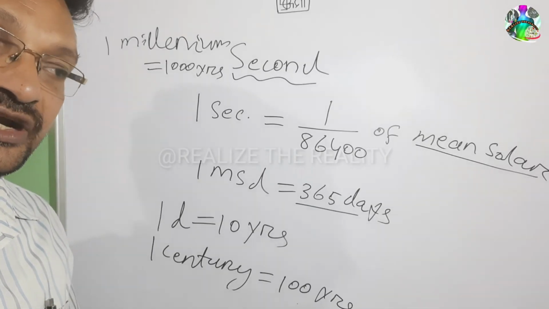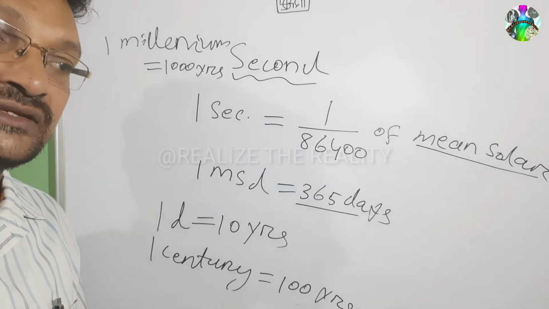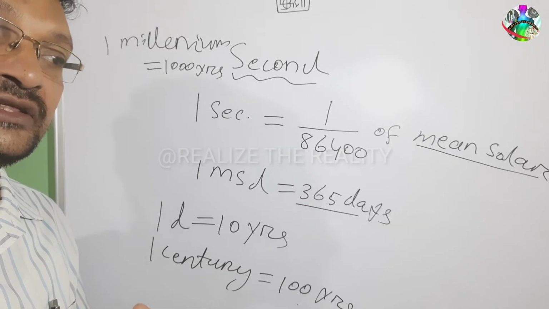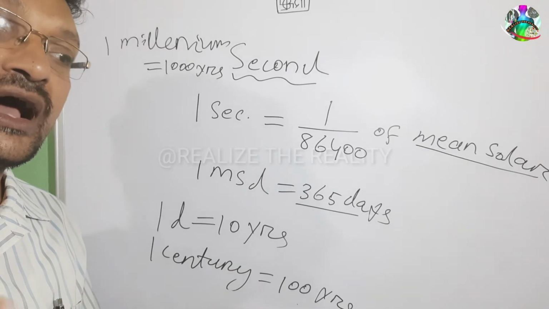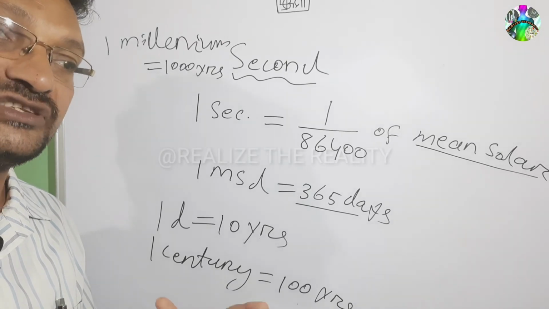We have already studied the units, meaning multiples of mass, multiples of time, multiples of length, and how we measure. The measurement is also based upon the International Bureau of Weights and Measures.